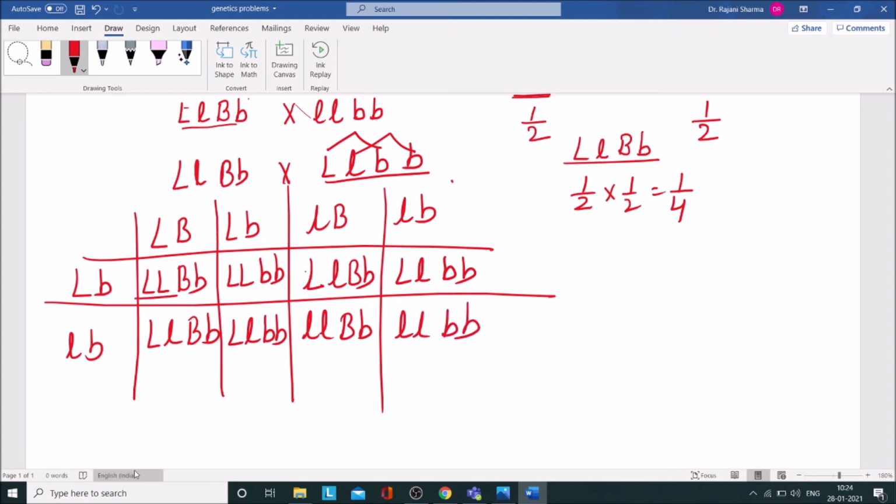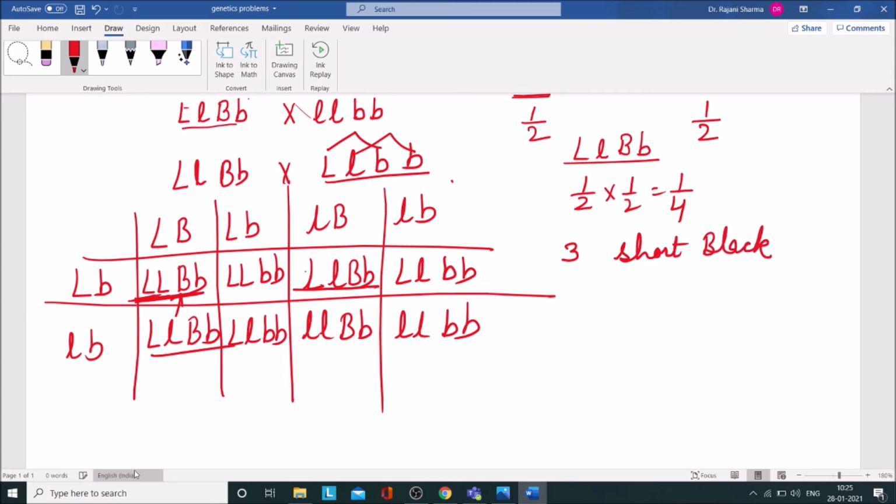Now the first one is what? For the short hair, the length of the hair will be short but the color will be black. So how many such results will we have? 1, 2, 3. So we have 3 short hair with black color.